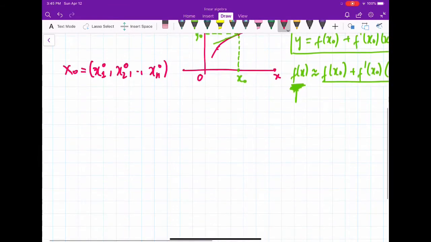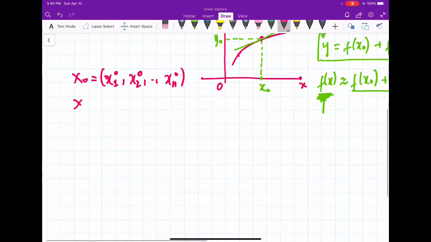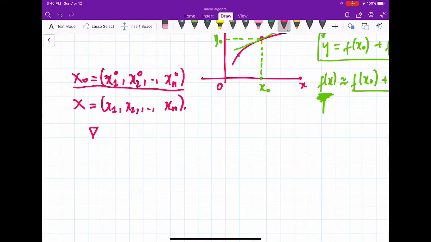And we want to approximate our function by a linear function, so I will use capital X, just x1, x2, and xn. And we have the gradient vector at this point x0, so I have the gradient of f at x0.